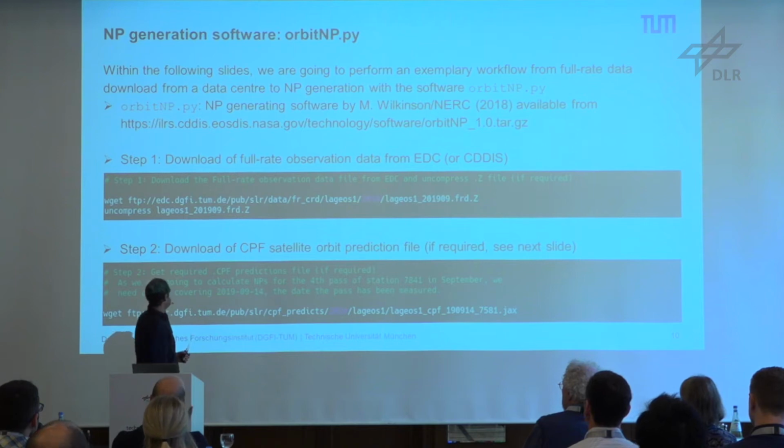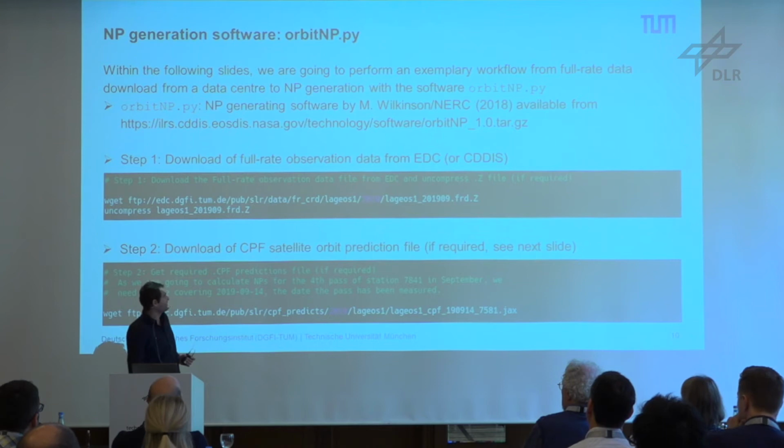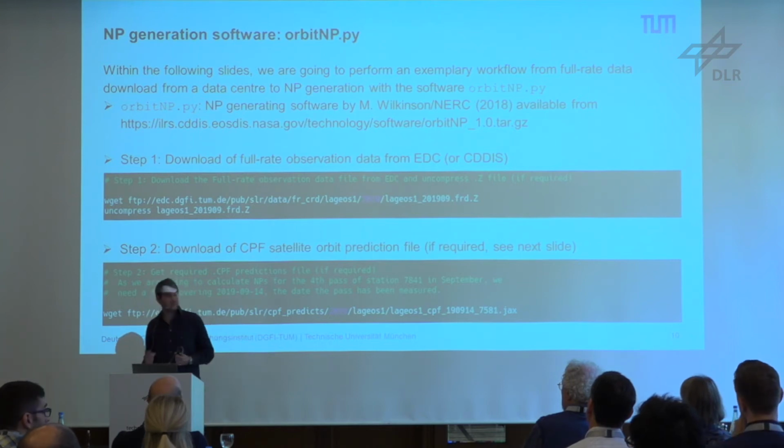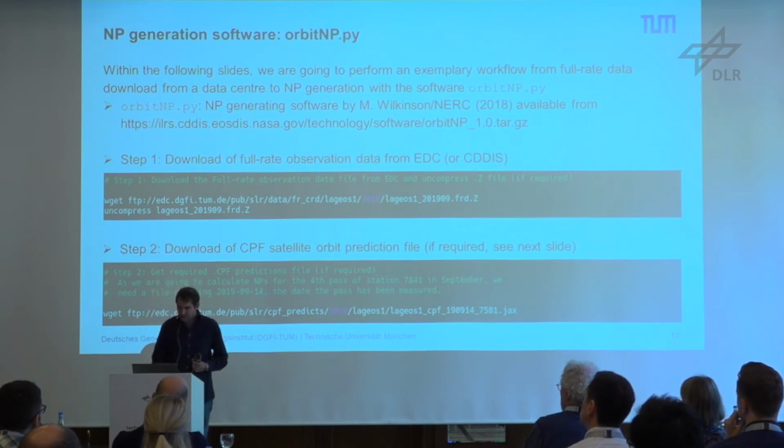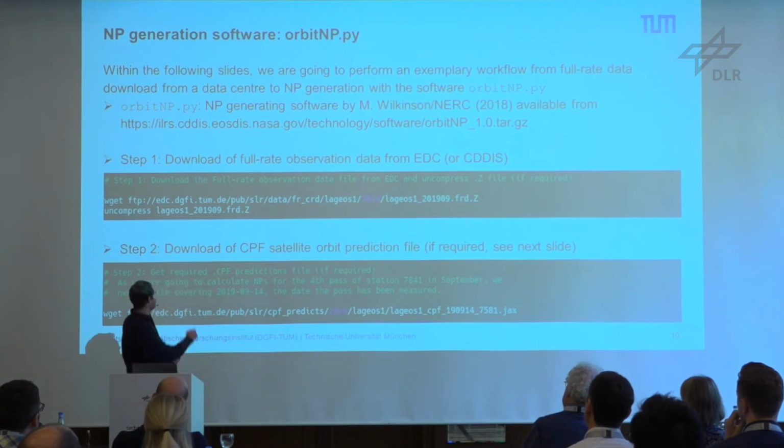Kerri already showed you the structure of this data center. And then afterwards uncompressed, because these files are in a compressed format to save storage. And we need a file containing the precise satellite orbit predictions, a CPF file, which is downloaded basically the same way.